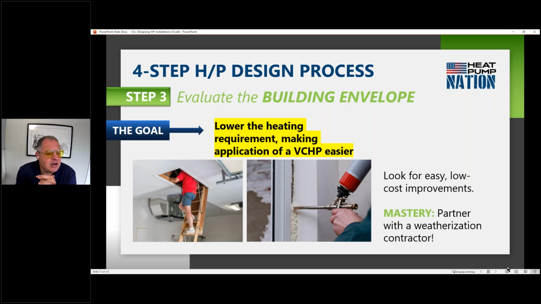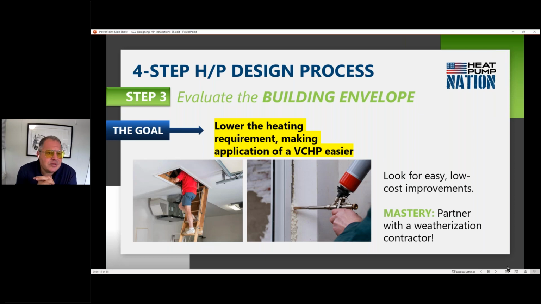It can be doing some air sealing that had been missed in the construction or remodeling. It can be insulating around an attic hatch or an attic door or something like that. Generally, windows in the Northwest, I mean, there's lots of reasons to replace windows on an older home. Generally, the bang for the buck isn't there.